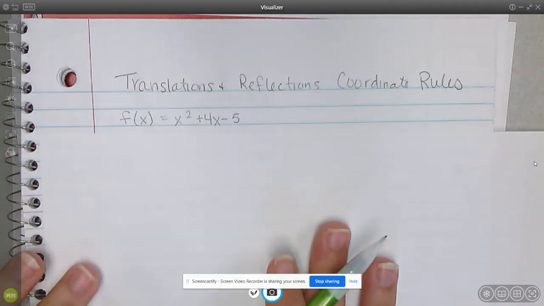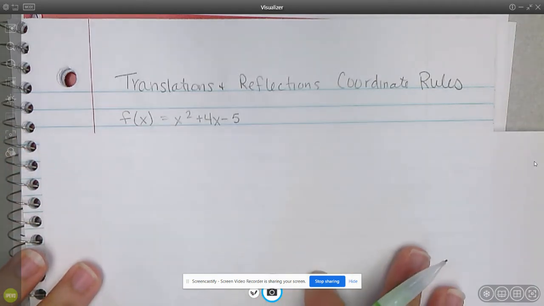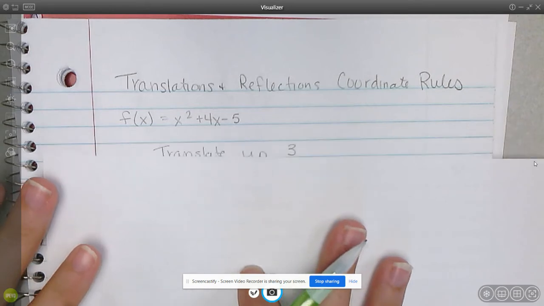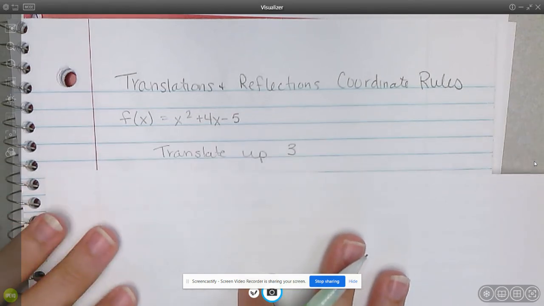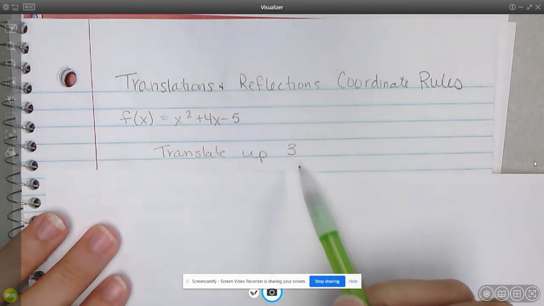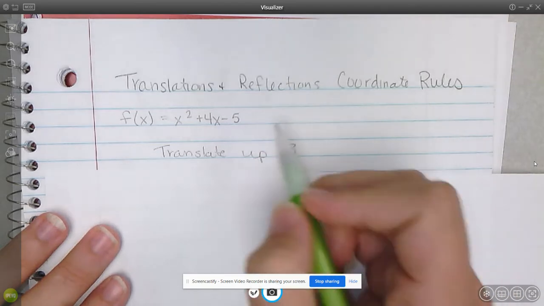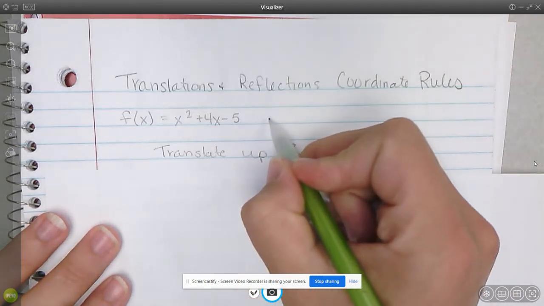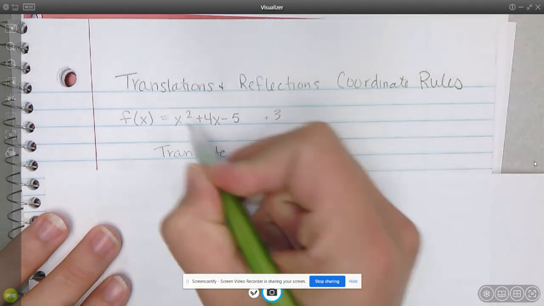So if you are given this function, x squared plus 4x minus 5, and let's say we want to translate it up 3. You should have learned on day 1 that if you are going up, all you have to do is add 3 to your function.